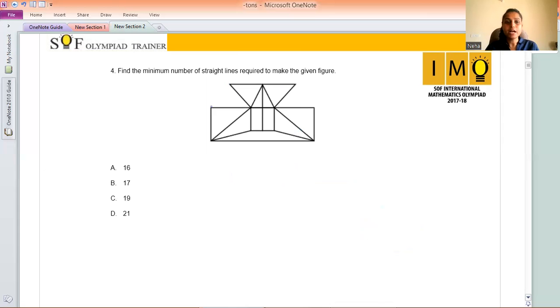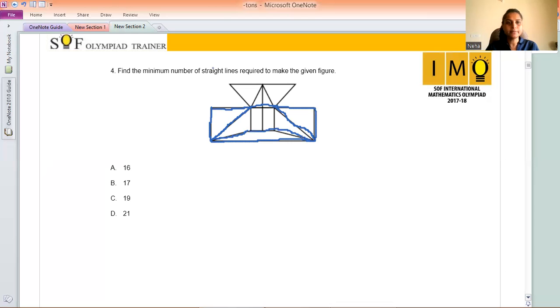Okay, now let me count the number of lines here for you guys. So number of lines are 1, 2, 3, 4. Correct? Now 5, 6, 7, 8, and 9.